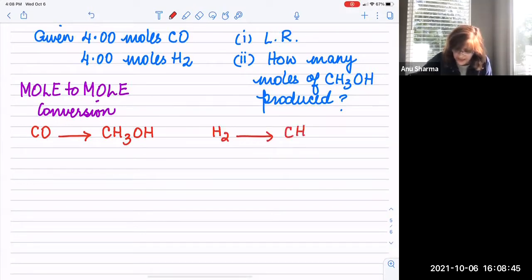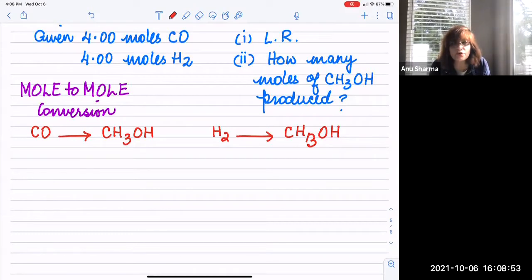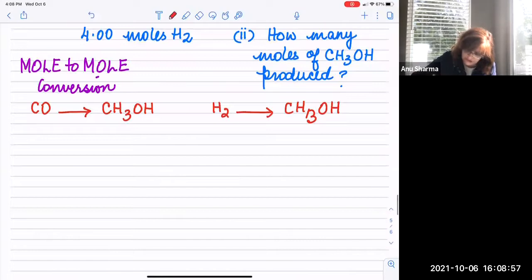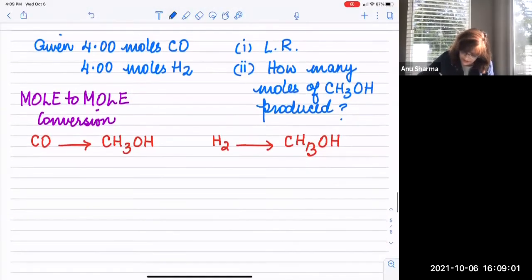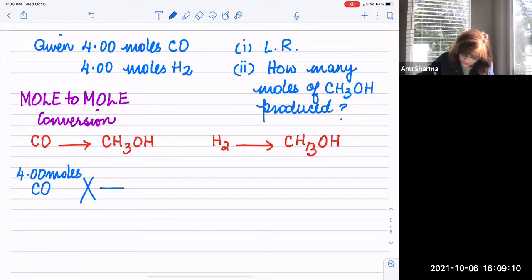These are the 2 reactants, and we will see which one gives you less methanol. So from the given 4.00 moles of carbon monoxide, times the mole to mole ratio.